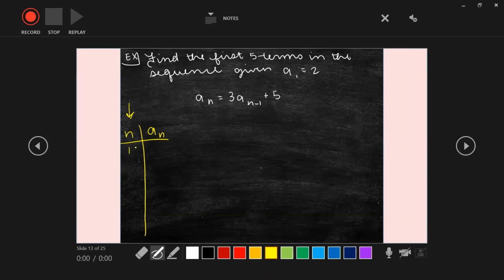We're going to write 1, okay. What else? What do you think, Haley? You're going to write 1 through 5. Why are we writing 1 through 5? Because we have to find the first 5 terms. Correct, first 5 terms. Okay.